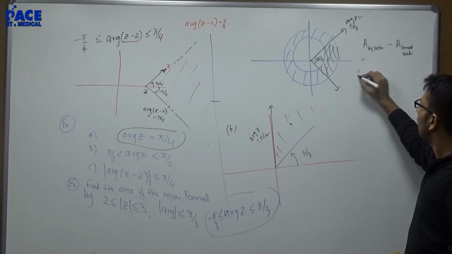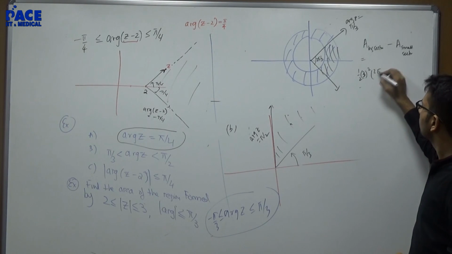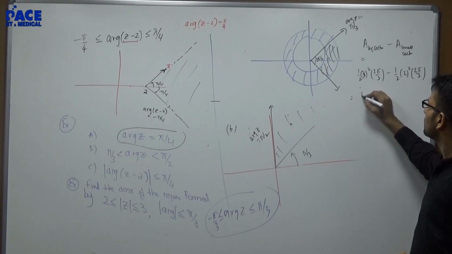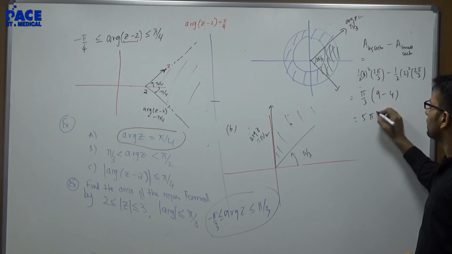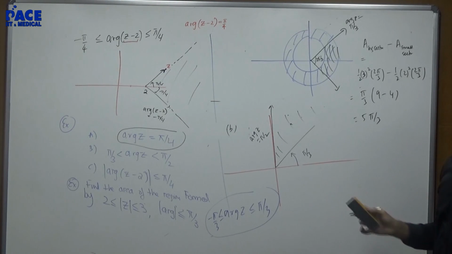So this becomes half r square theta minus half r square theta. So this is pi by 3 into 9 minus 4, this is 5 pi by 3. Simple enough? ठीक है?